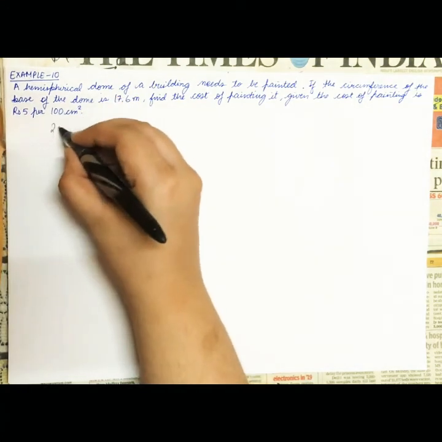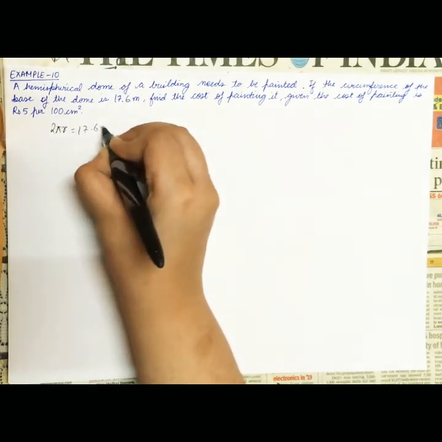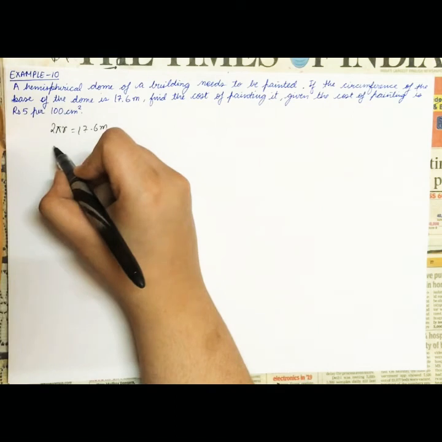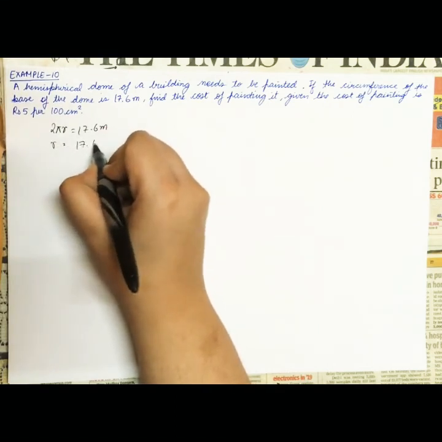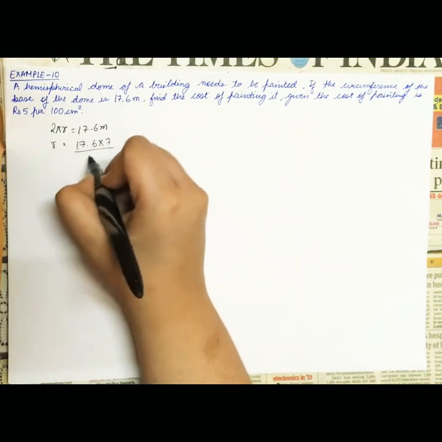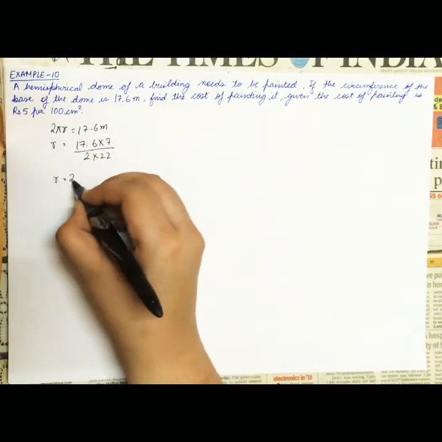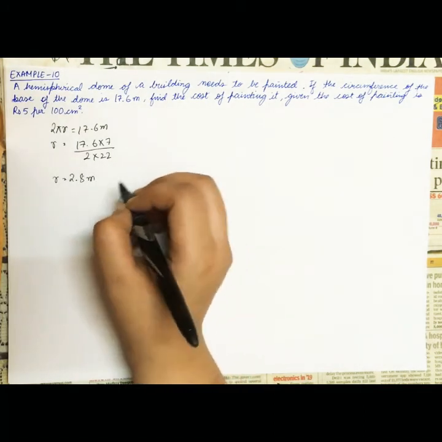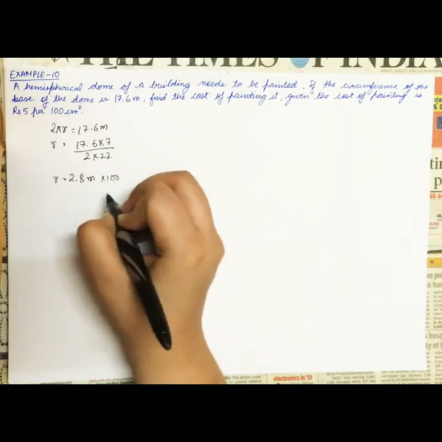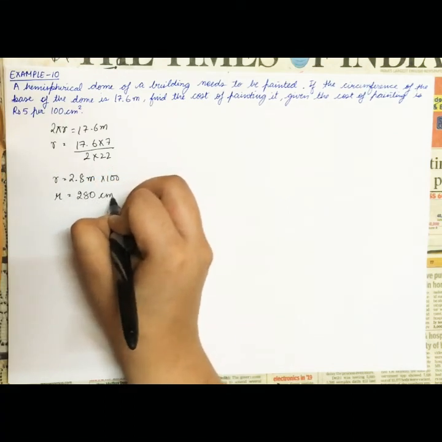Therefore, circumference is 2 pi r, which is equal to 17.6 meter. Now we can find the value of radius. That will be 17.6 into 7 upon 2 into 22. Therefore, radius will be equal to 2.8 meter. Now to convert it into centimeter, we will multiply it by 100. Therefore, radius will be equal to 280 centimeter.